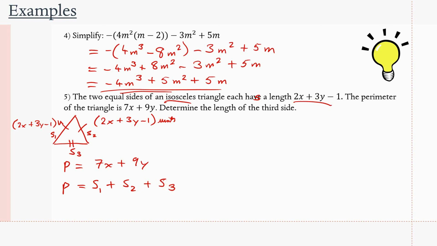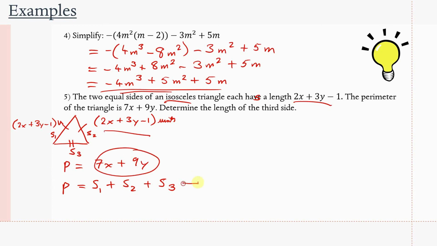But what do we already know? We know side 1, which is 2x plus 3y minus 1. And we also know side 2, which is the same thing. But we also know the perimeter, which is 7x plus 9y.